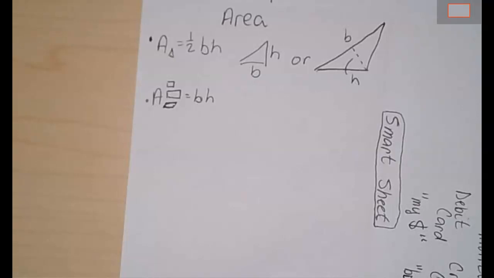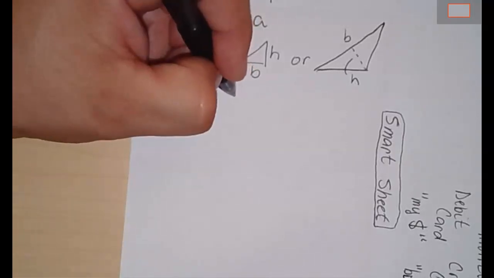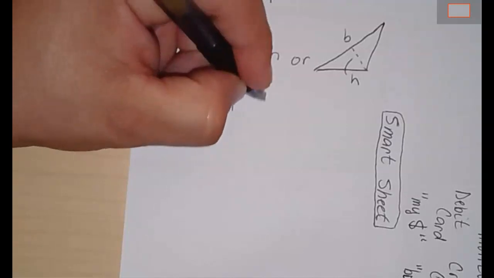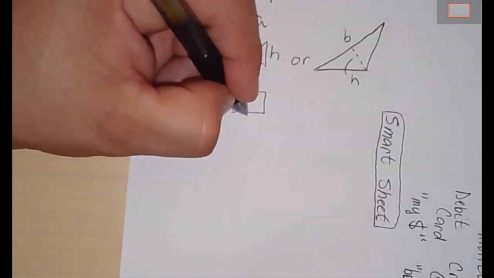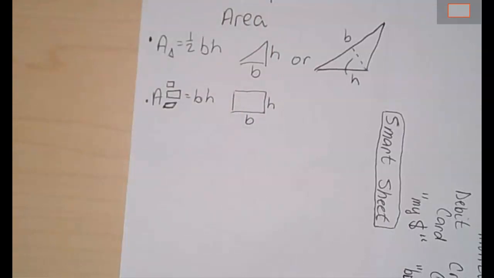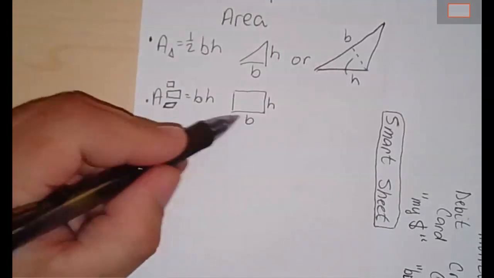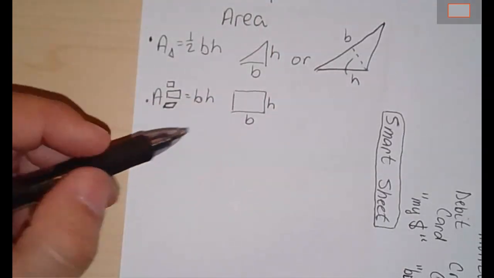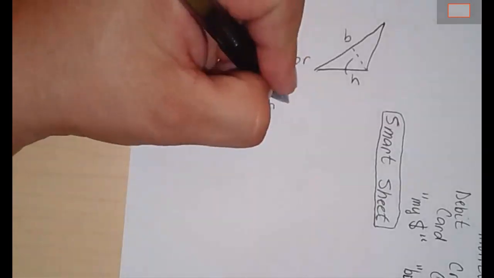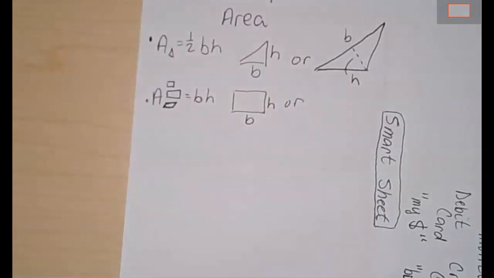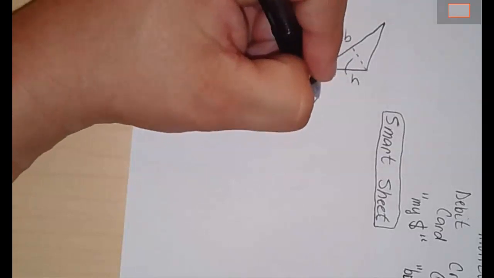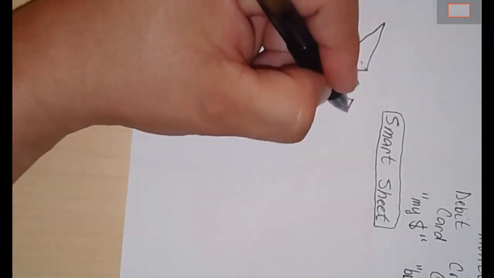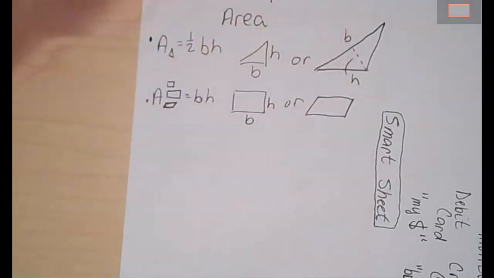No big deal there. Pretty easy stuff. So if they're nice, they'll go left to right, up and down. You'll be good. But a lot of times they're not super nice. So they might give you something like this.